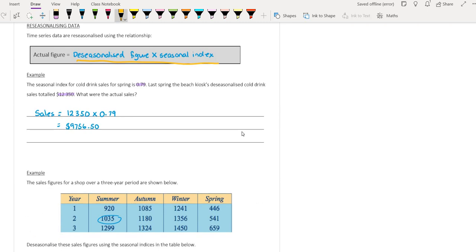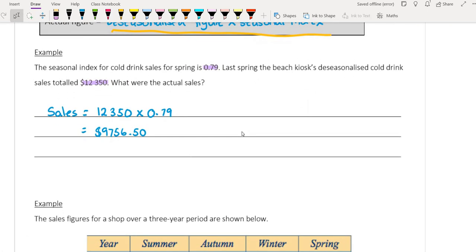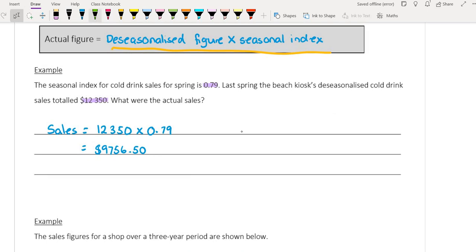Again, I would recommend using the CAS to do it. All you need to find is where the values go, so the seasonal index, and then this is the deseasonalized figure. So now you're finding the actual figure using these two.